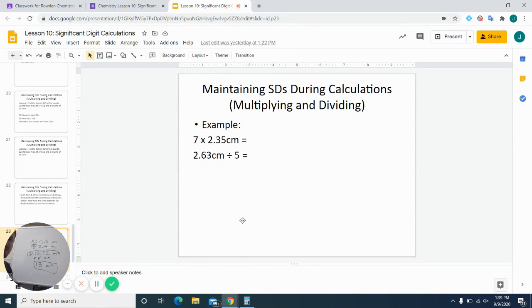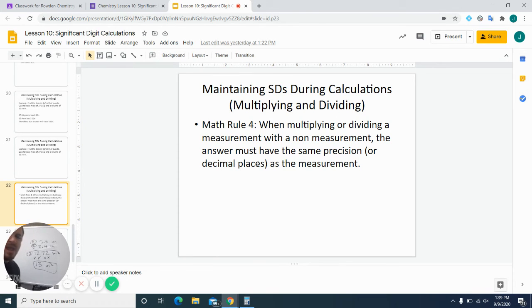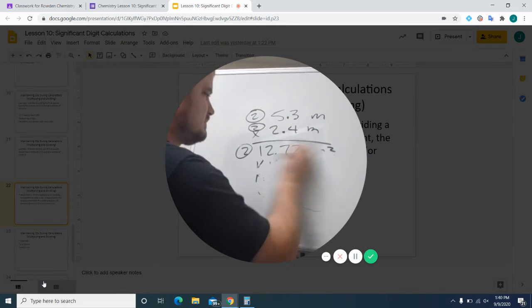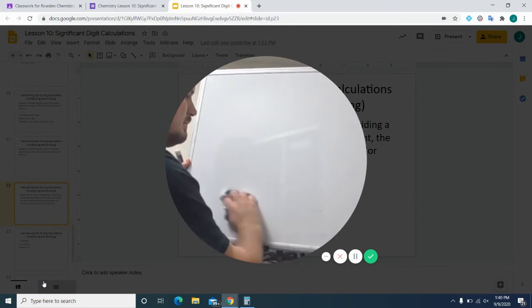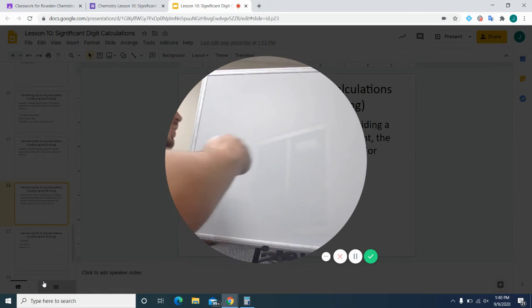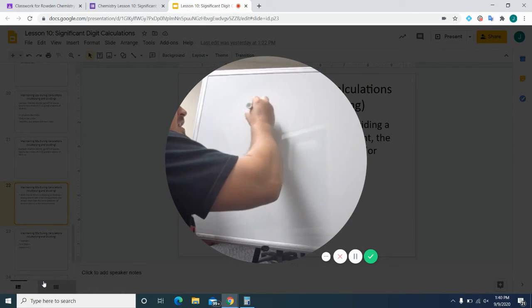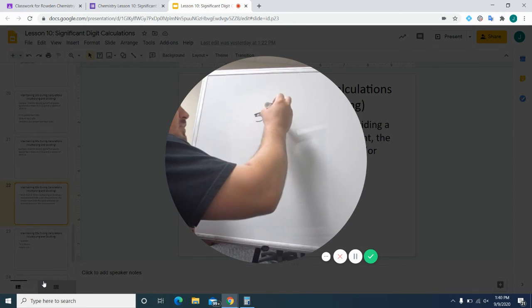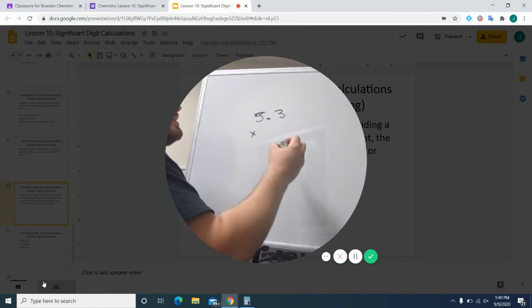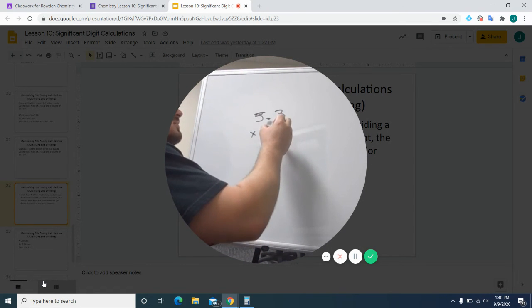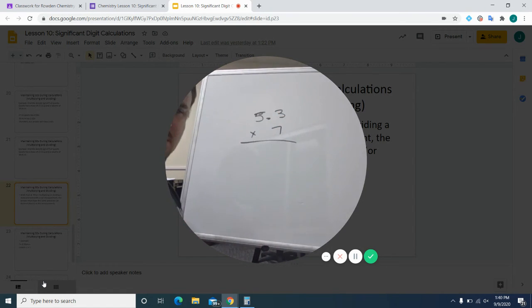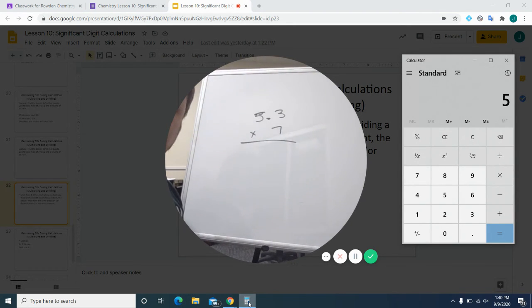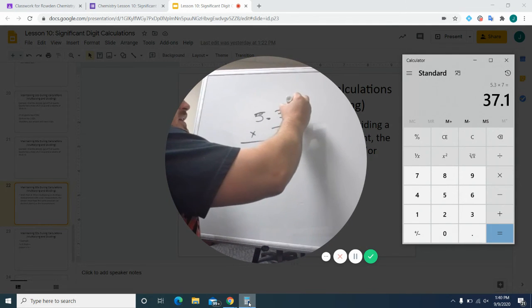Okay, and then our last rule: if you multiply or divide and one is a measurement and the other is a non-measurement, then just keep the precision of the measurement. So my example for this will be like this. If I have 5.3 times 7, let's go ahead and make it meters.